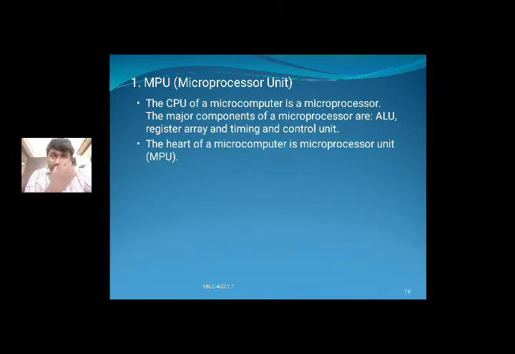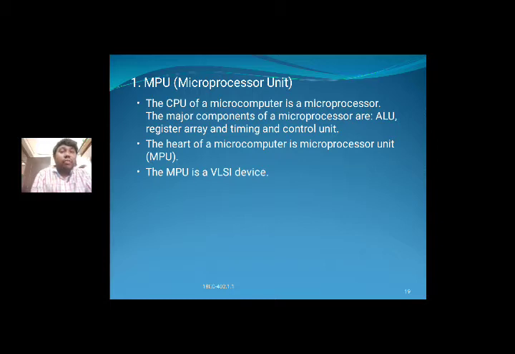And the second point is the heart of the microcomputer is the microprocessor unit, the same as in the digital computer, where the CPU is the heart of the computer. And the MPU is a VLSI device, a very large scale integrated device.